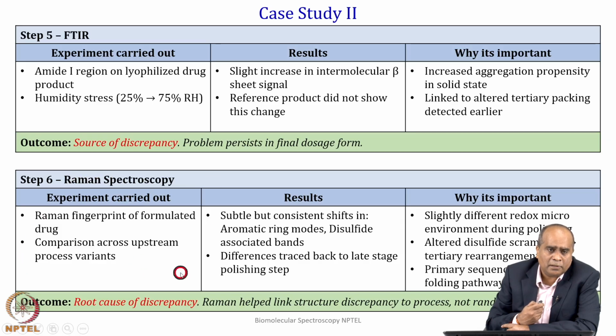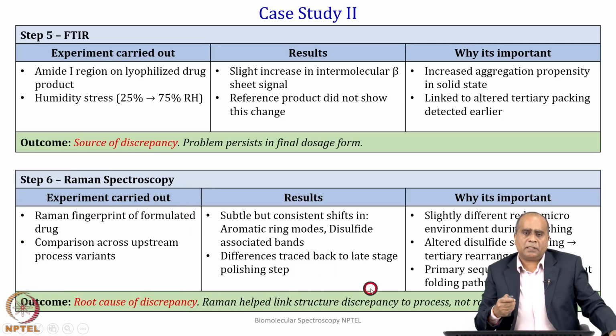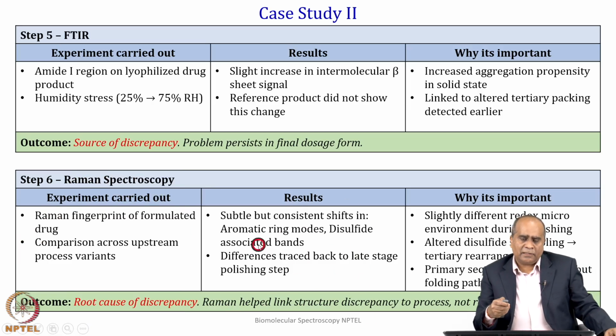We perform the Raman spectrum of the formulated dose and compare across multiple variants. What we found is a subtle change in aromatic ring modes and disulfide associated modes, and these differences can be tracked back to the late stage polishing stage, where we are purifying the protein. Probably something has changed there.